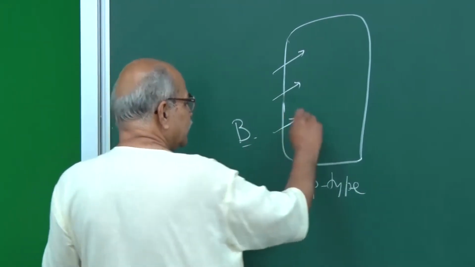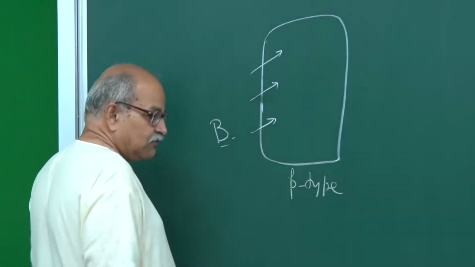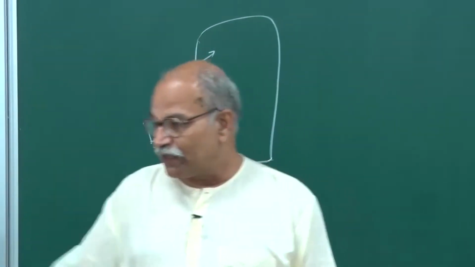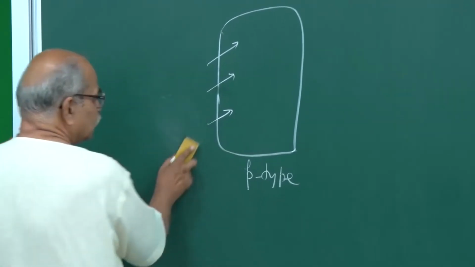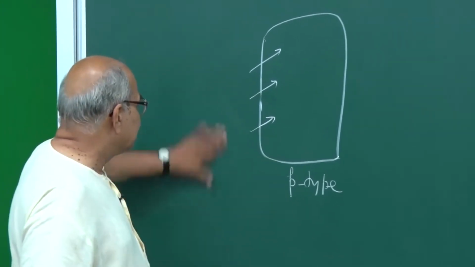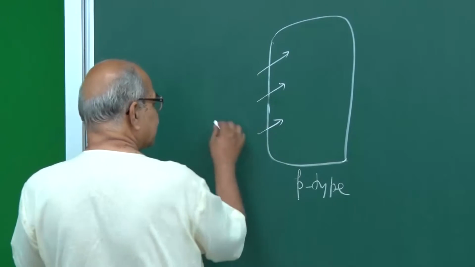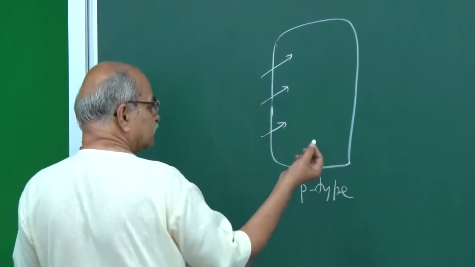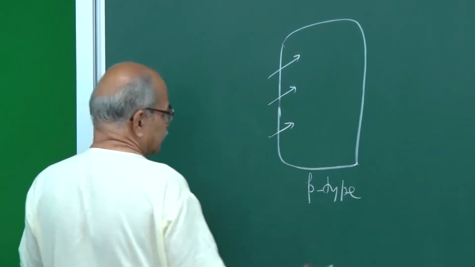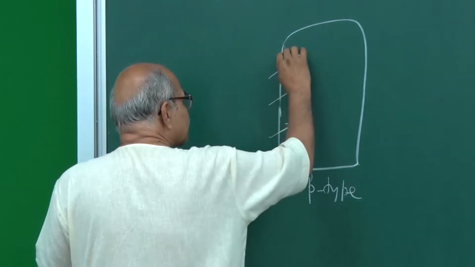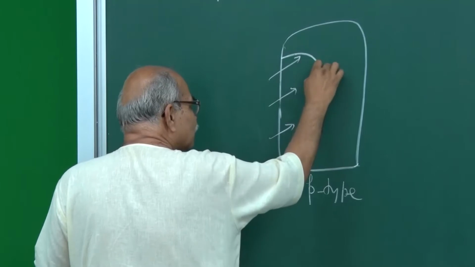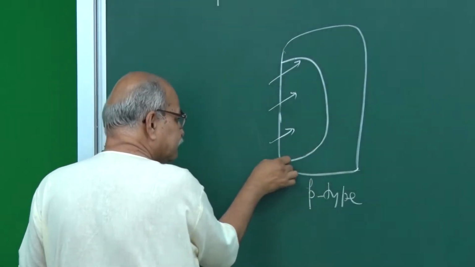So, this whole thing becomes p-type, and after that, in a very controlled fashion, you diffuse n-type, and for that some pentavalent impurities like arsenic or antimony. So, that is now diffused in a much more controlled manner, so that it goes only up to some depth.